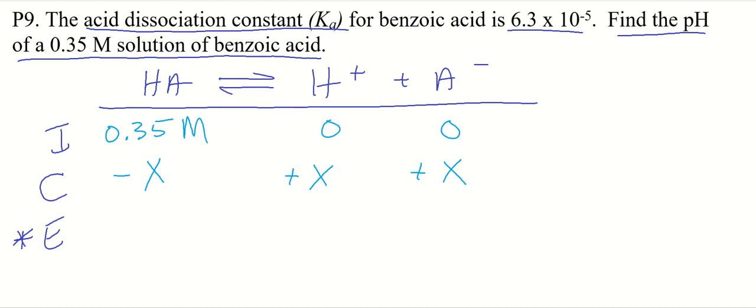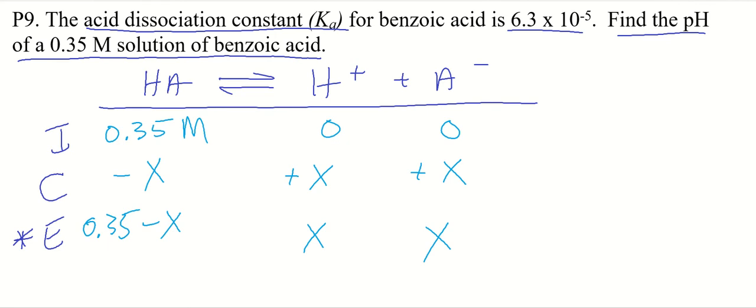So the concentrations at equilibrium will just be the initial concentration plus the change. For both the hydrogen ion and the conjugate base, the concentrations will be X at equilibrium, and the concentration of the weak acid will be 0.35 minus X.